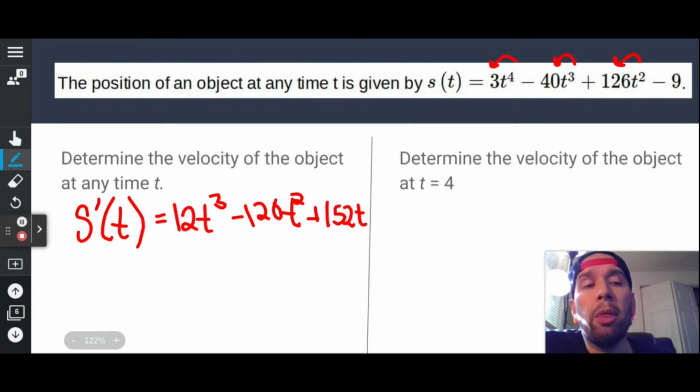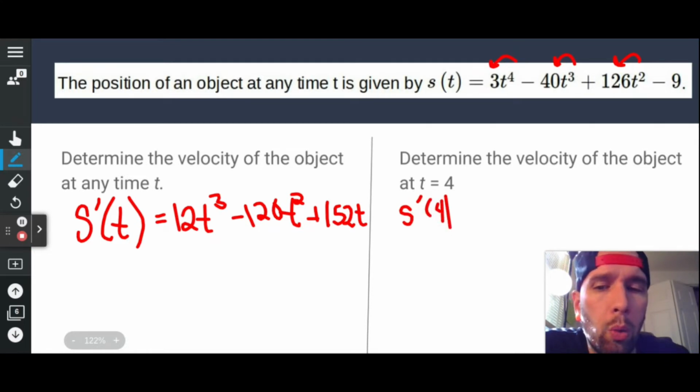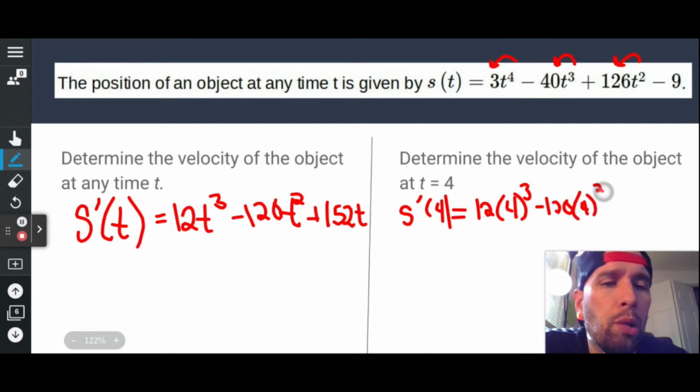In order to determine the velocity, we just take that 4 and plug it into that velocity function. So we're finding s prime of 4, which is going to be 12 times 4 cubed minus 120 times 4 squared plus 152 times 4.